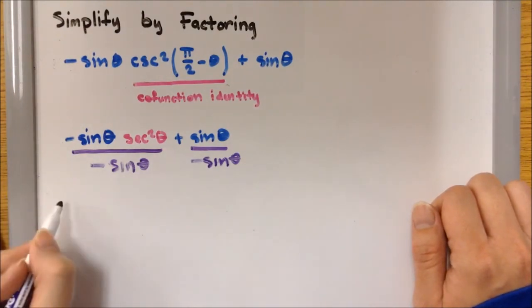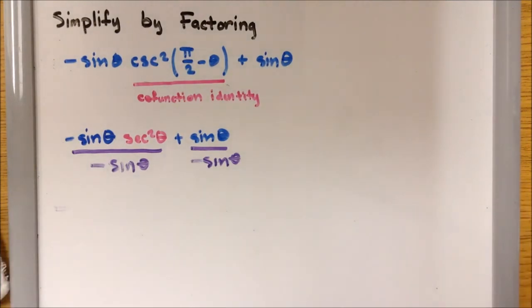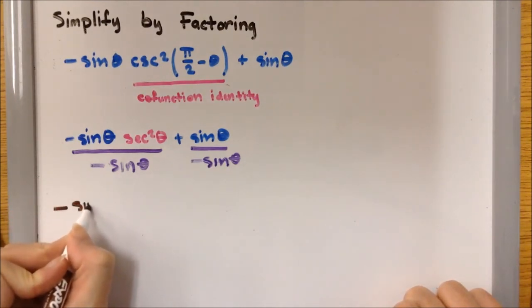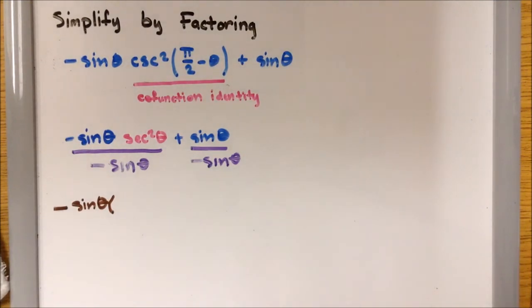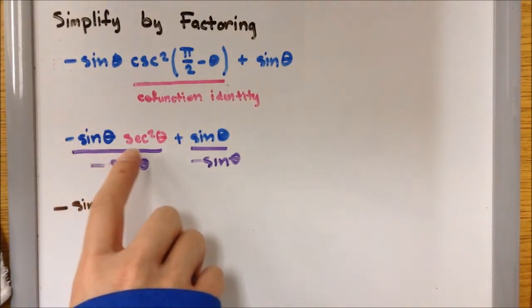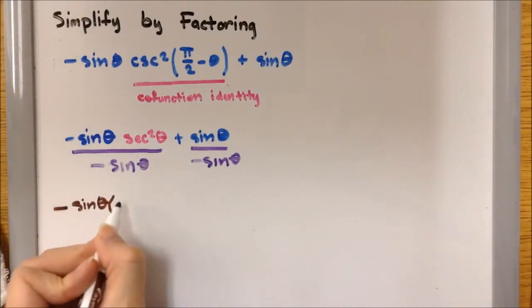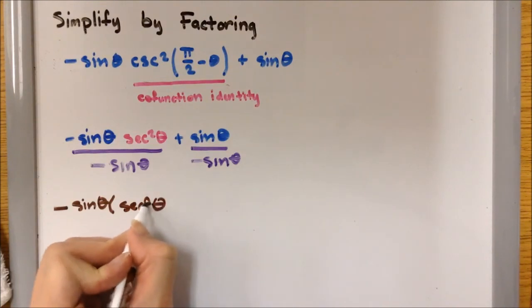So I'm going to factor out negative sine theta. It's still going to be on the outside of the parentheses, so negative sine theta, parenthesis. So when I factor out negative sine theta from negative sine theta secant square theta, it will be secant square theta.